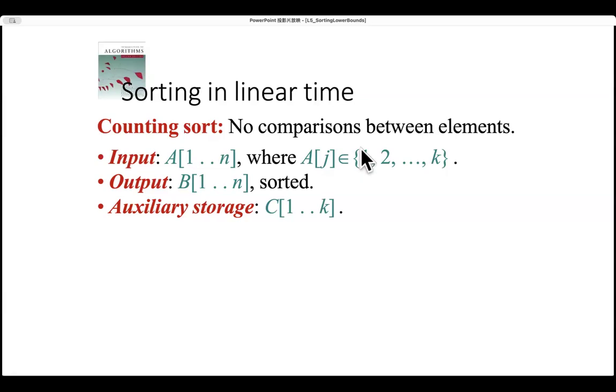When k is smaller than n, because you have n numbers that range from 1 to k, you could obviously imagine there must be some numbers that have the same value, right? It's just one direct application of the pigeonhole principle.